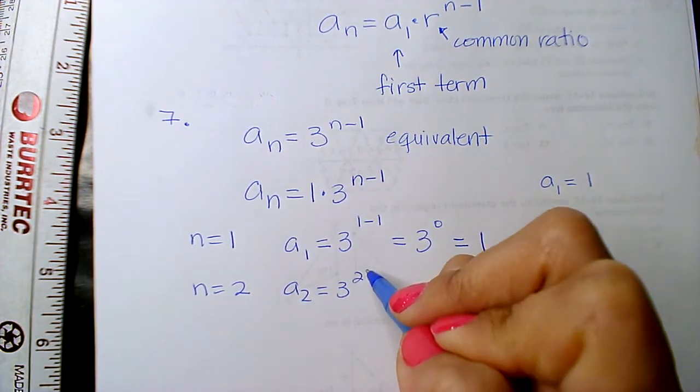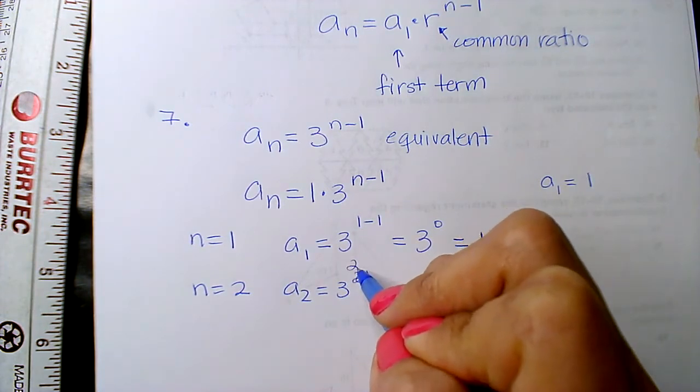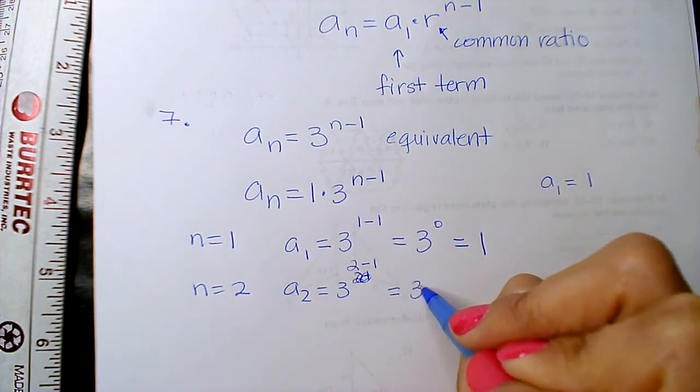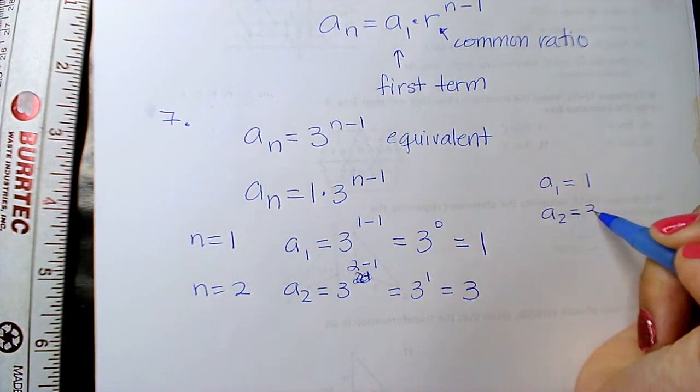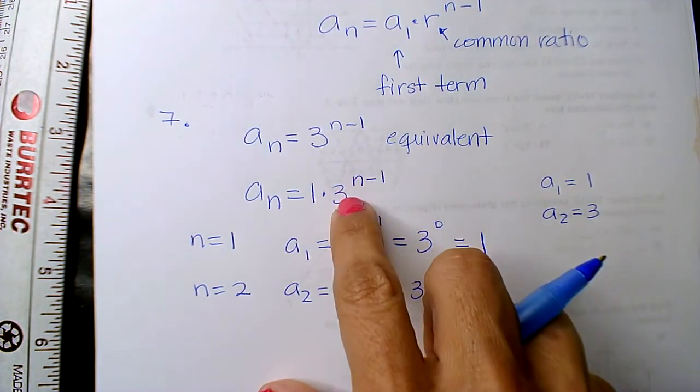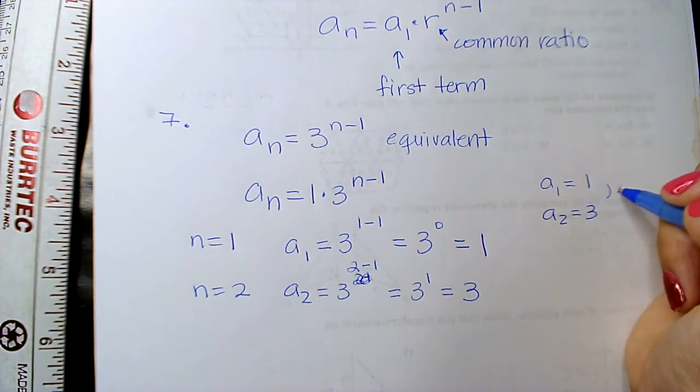All right, what's my second term? What's 2 minus 1? 3 to the 1, 3. Right? But if you understand common ratio, what am I doing from term to term? Right, so times 3.